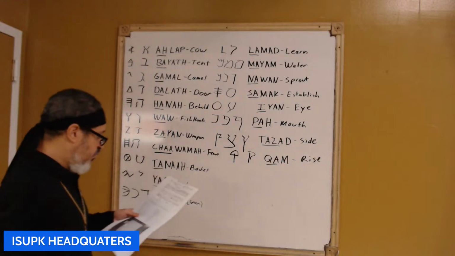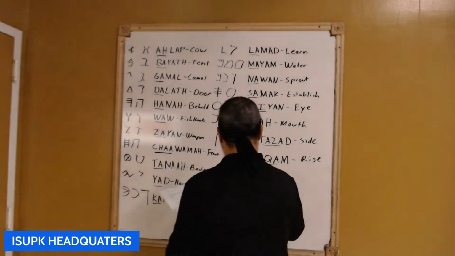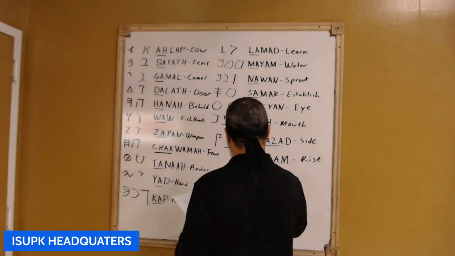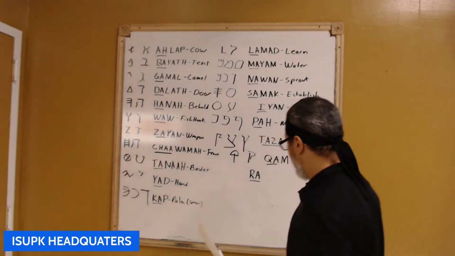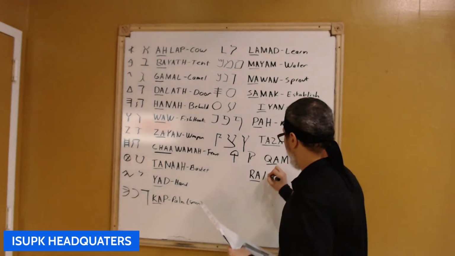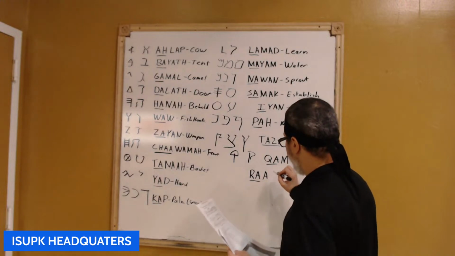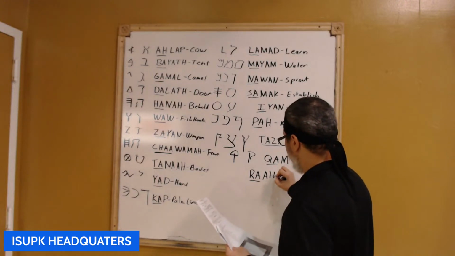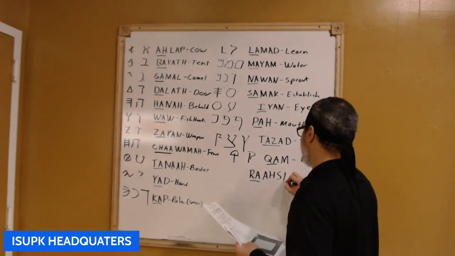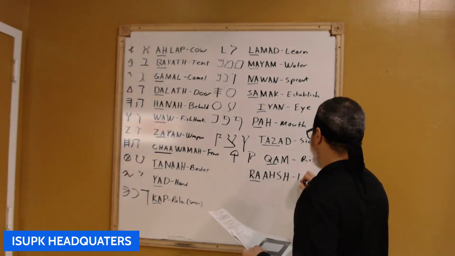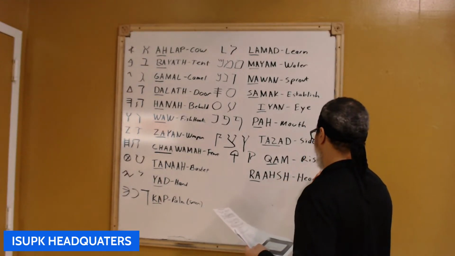Next, we have the Ra sound. It's actually part of the word Ra'ash, and that's a head.